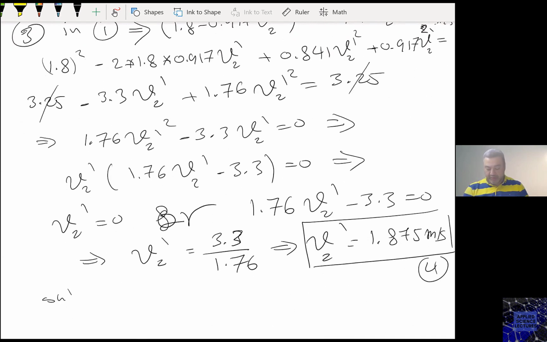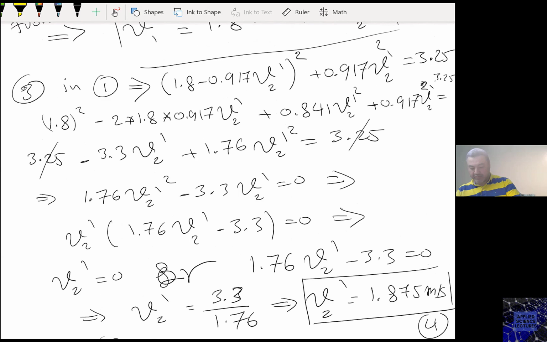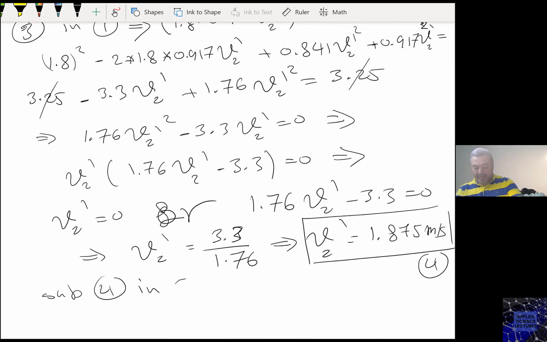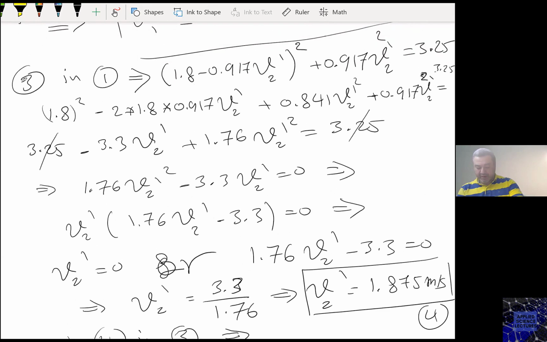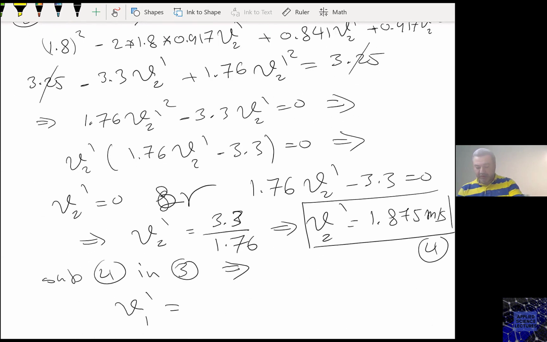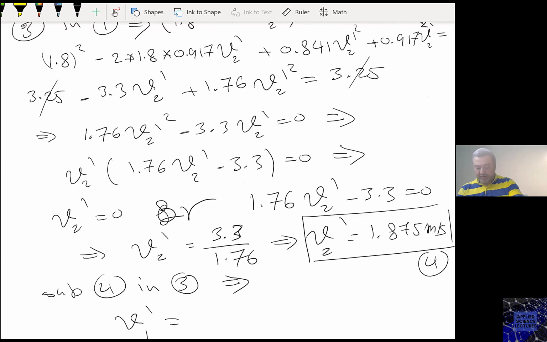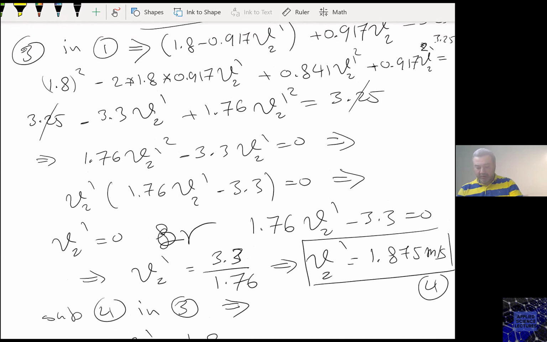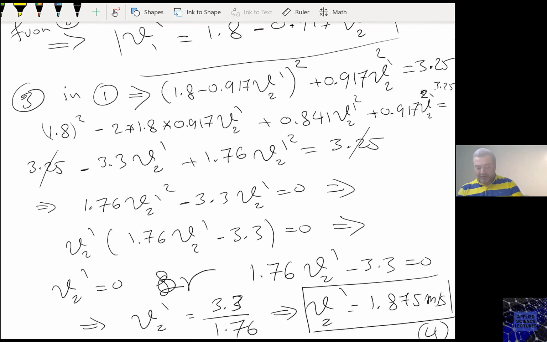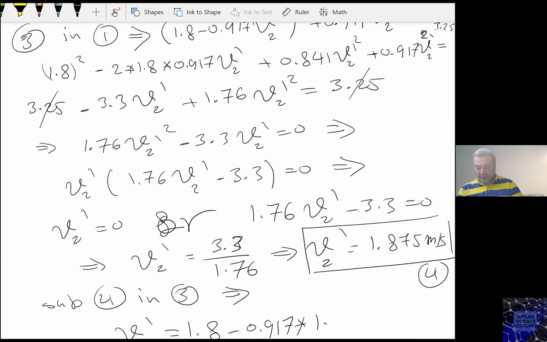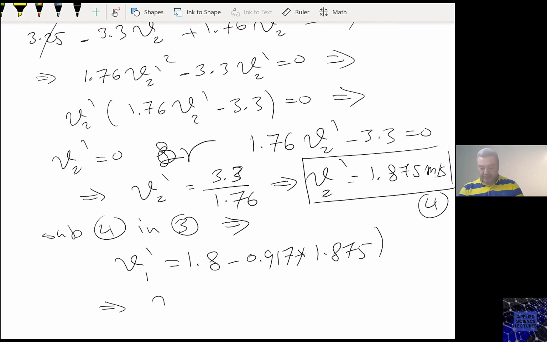Then substitute 4 into 3, and you have V1 prime equals 1.8 minus 0.917 times 1.875, which is 0.0806 meter per second.